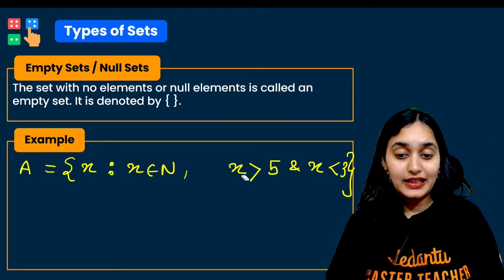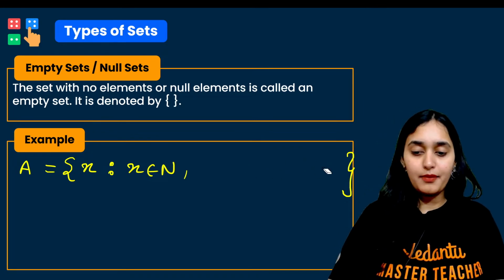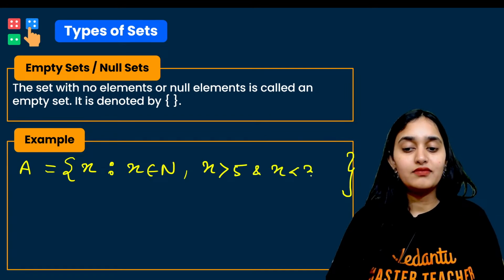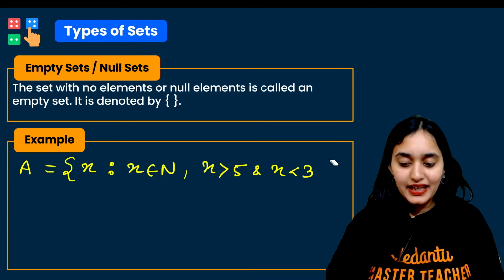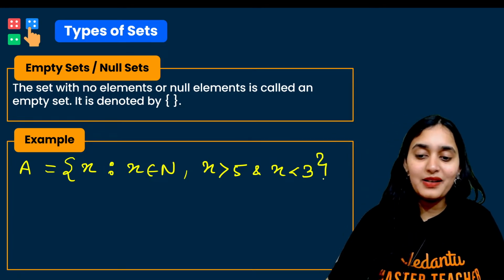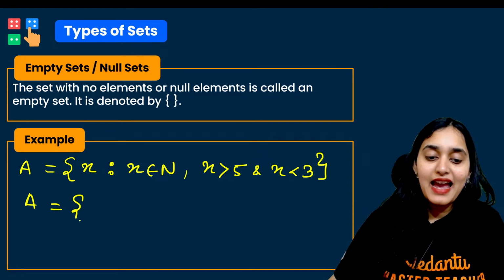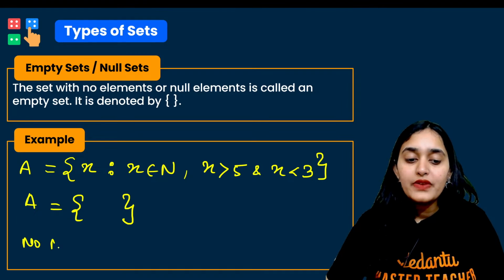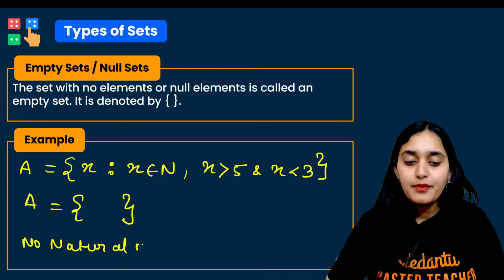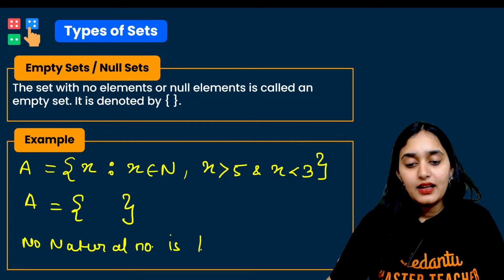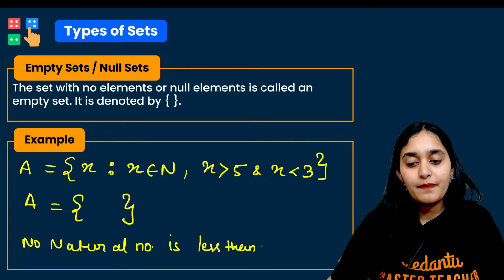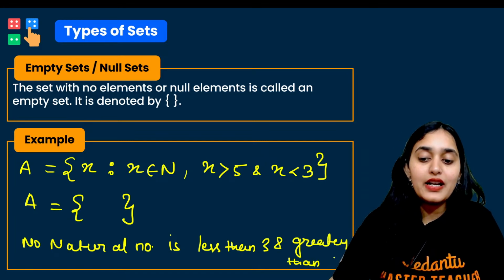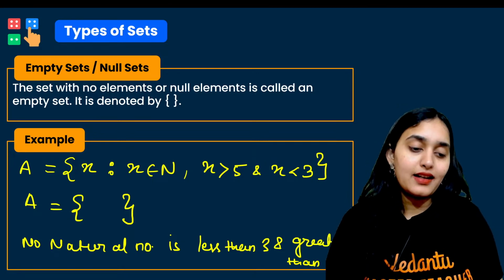Is it possible? No, it's not possible. So set A basically has nothing, because no natural number is less than 3 and greater than 5. So it is an empty set, a null set.